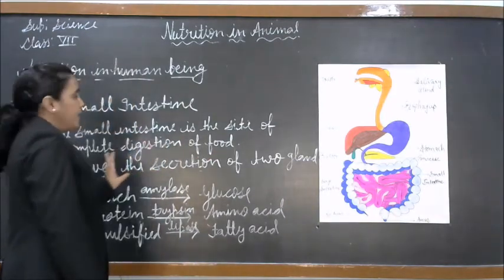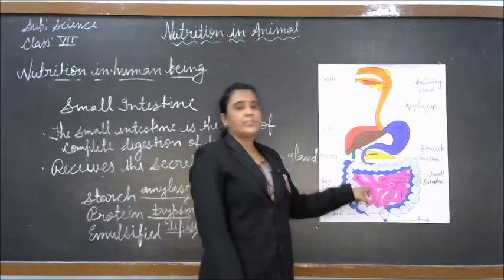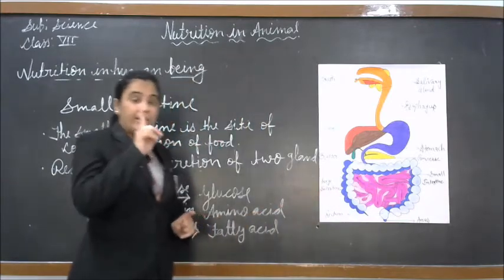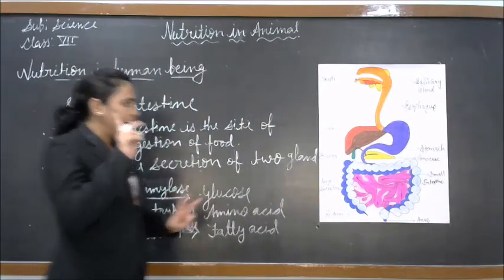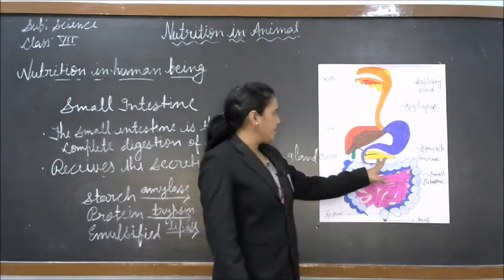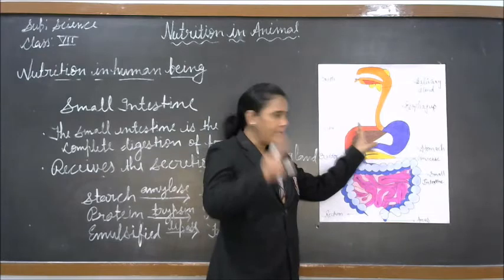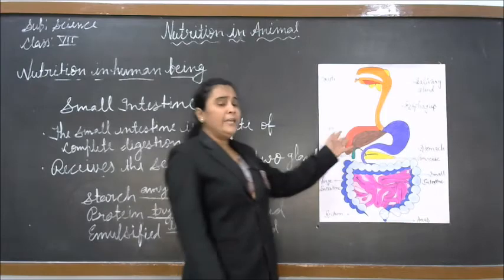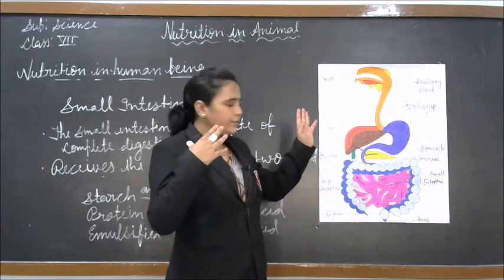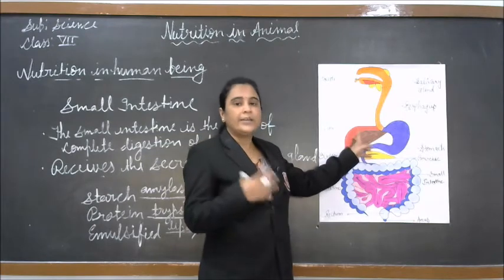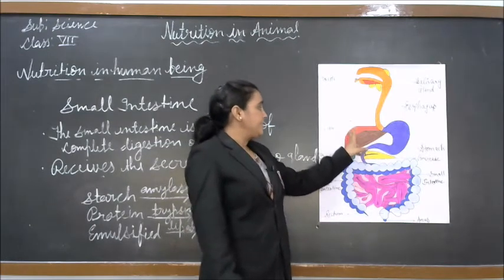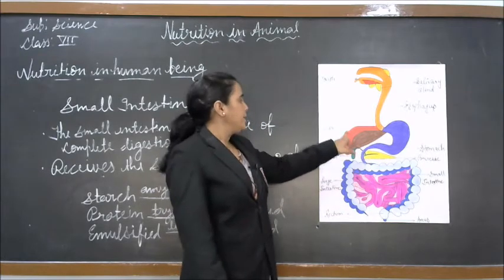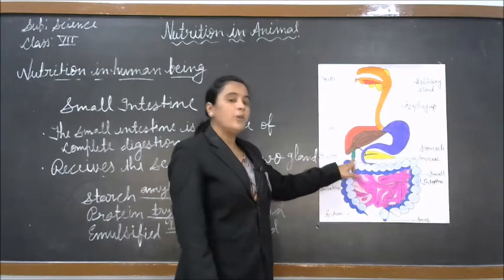Now the small intestine receives the secretions of two glands, the pancreas and the liver. Students, the liver secretes bile juice, and this juice is stored in the gallbladder.